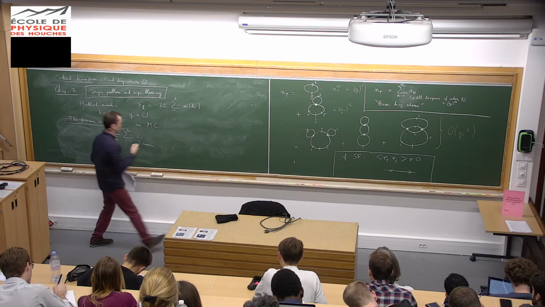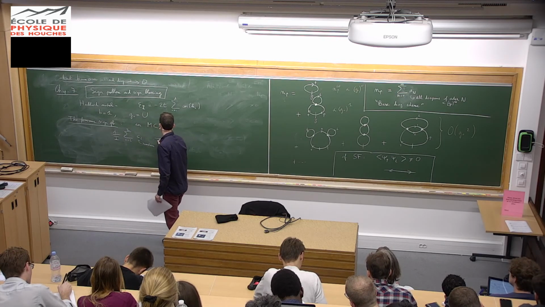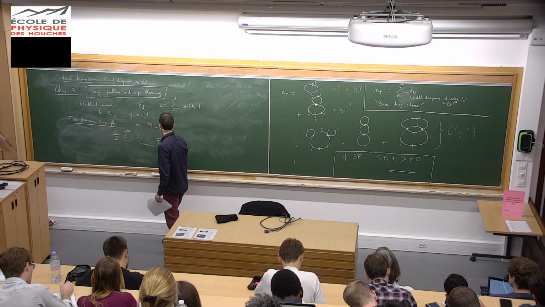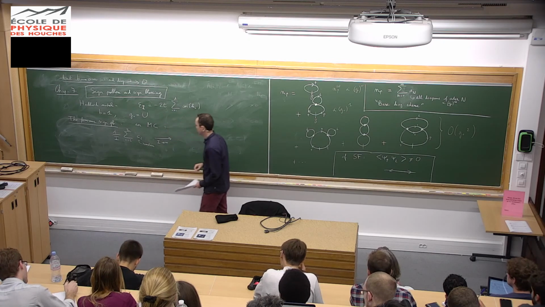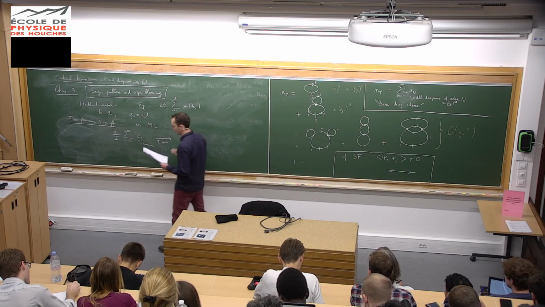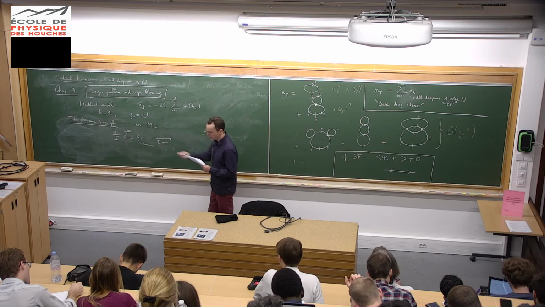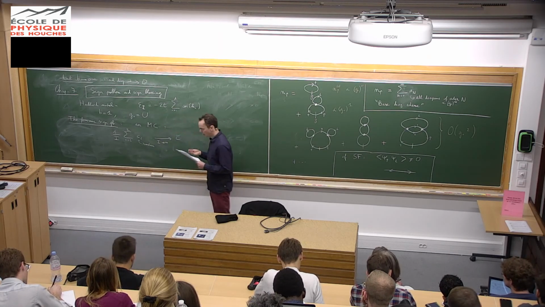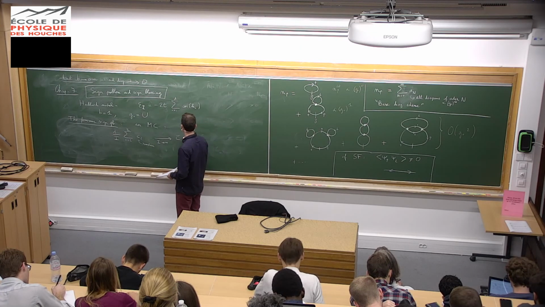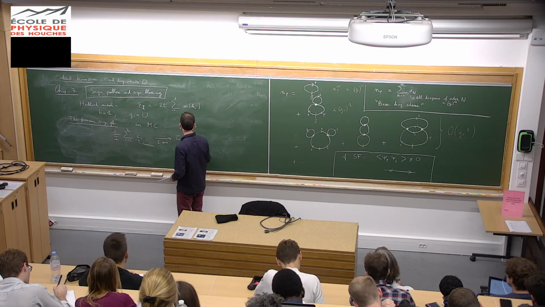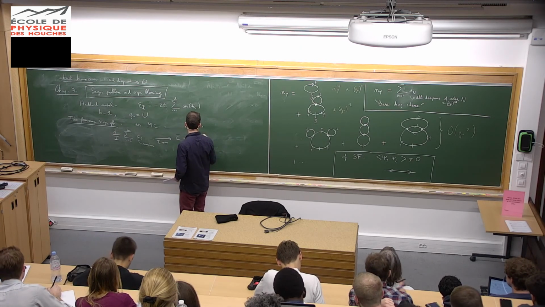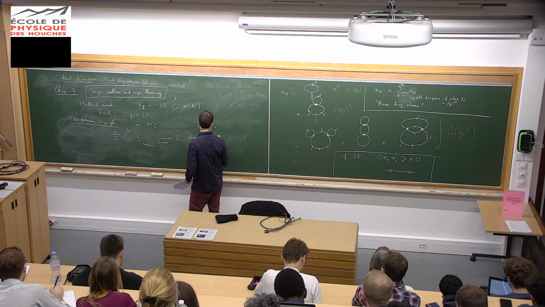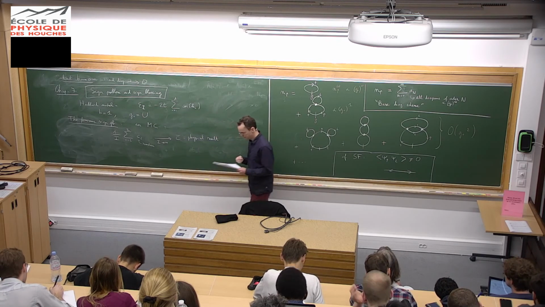And as usual in Monte Carlo, if you have a sufficiently large number of samples, a sufficiently long simulation time, this average should converge to some average value, which is equal to the physical result that you want to compute. So, for example, the density.